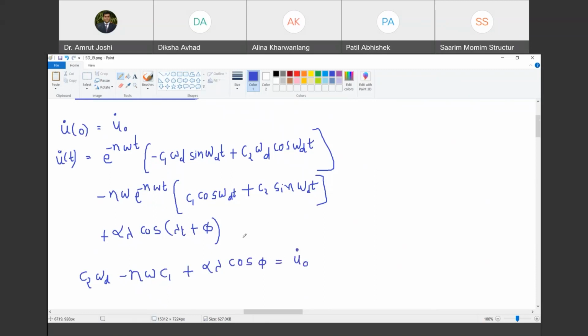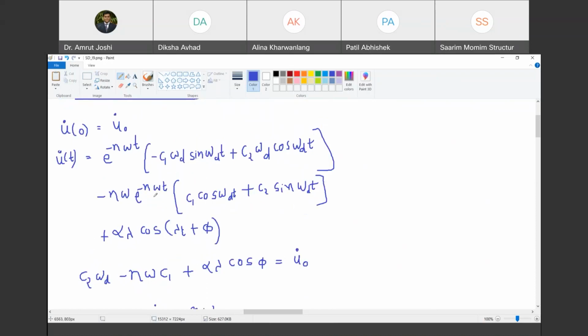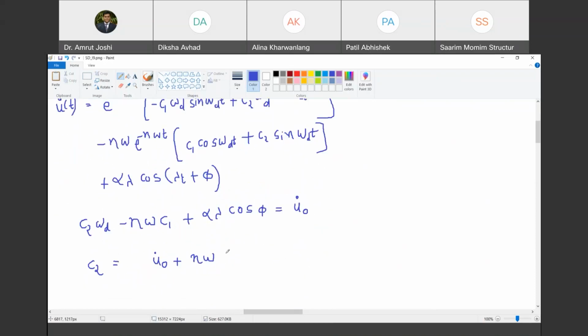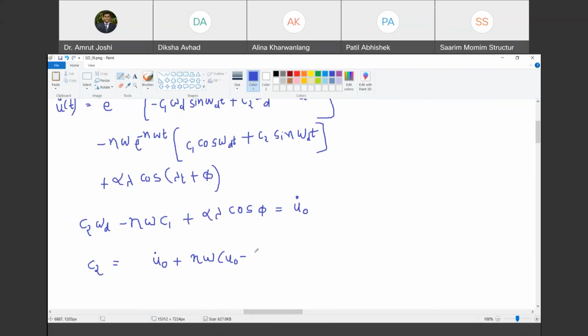है ना? And now U0 dot is known. So can you tell me the value of C2? तो C2 क्या होगा? देखो, C2 will be equal to U0 dot. This term comes on this side, becomes positive, plus eta omega C1. What is C1? U0 minus alpha sin phi. Are you with me?